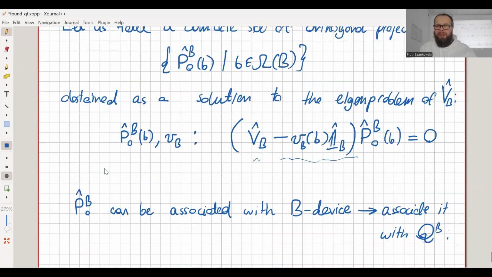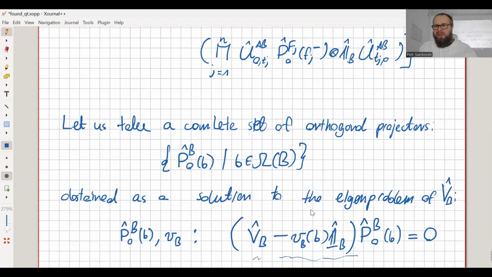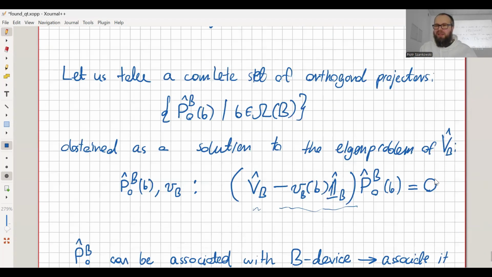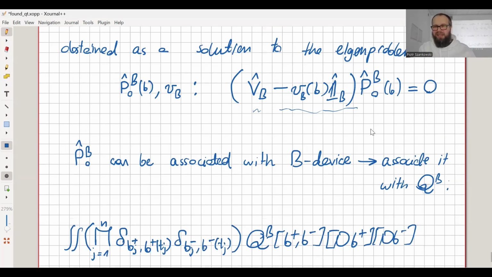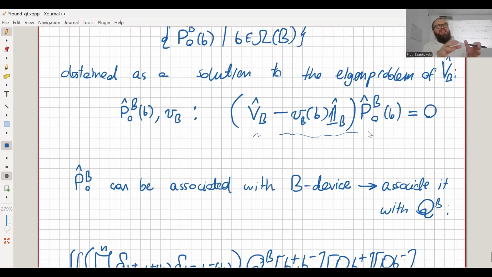All right. So we took the B side of the coupling, V_B. We solved its eigenproblem so that we get our hands on a set of projection operators, which we label capital B. Those operators can in principle represent some observable B or measurements with a device measuring that observable.